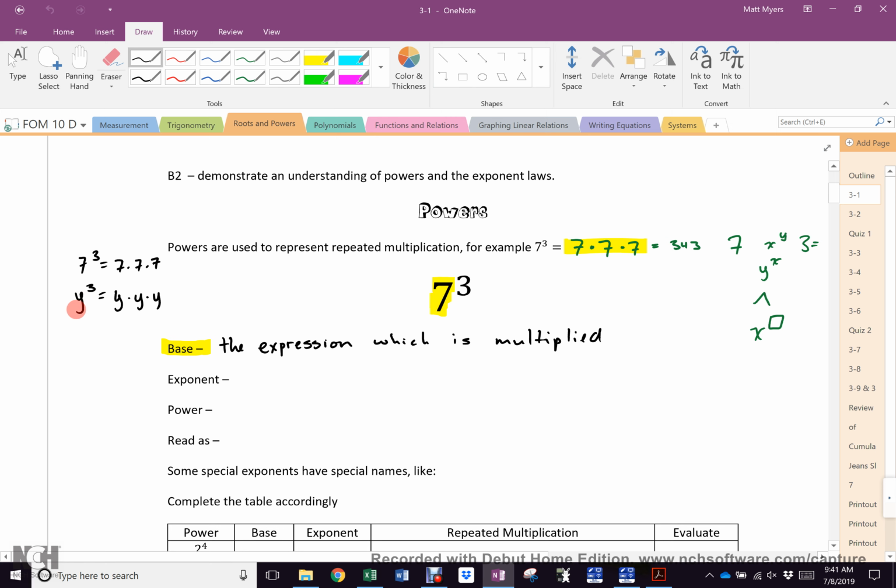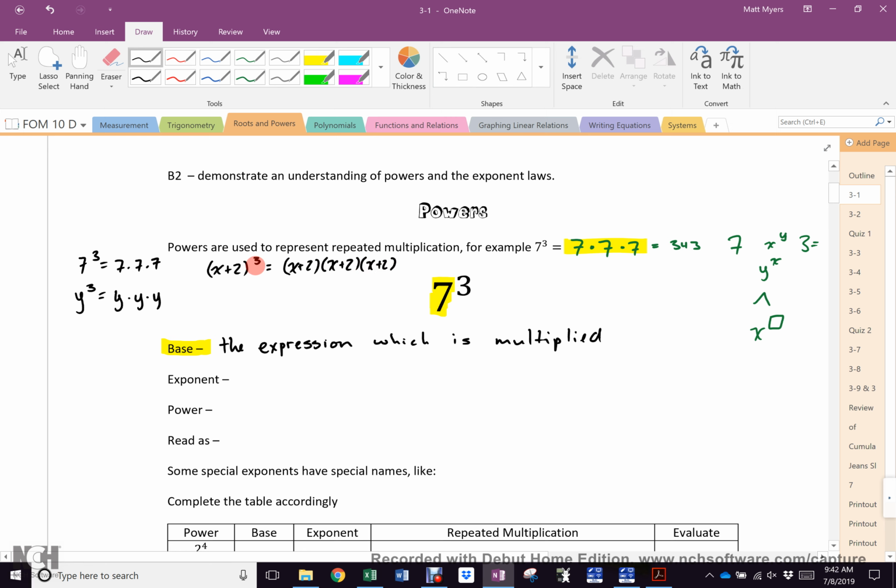Okay, I'm going to change it slightly. x plus 2 cubed. What does that mean? It means x plus 2 times x plus 2 times x plus 2.